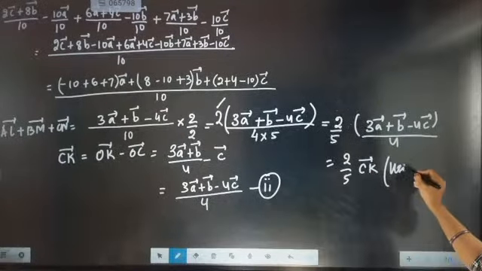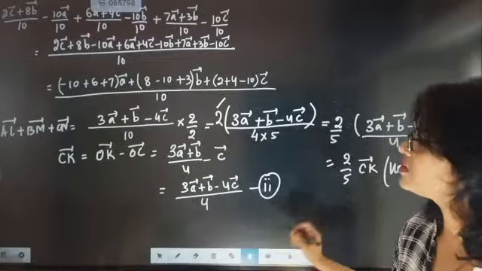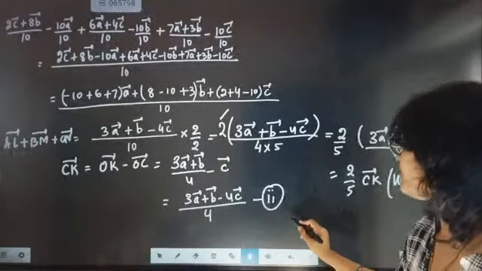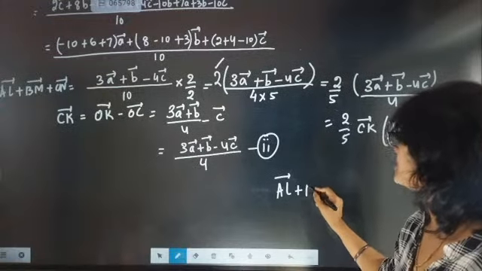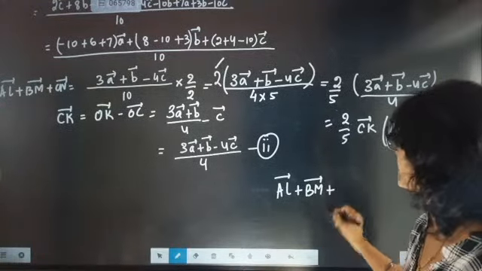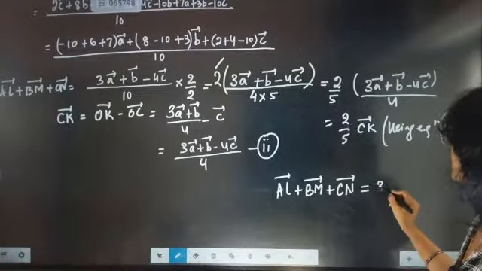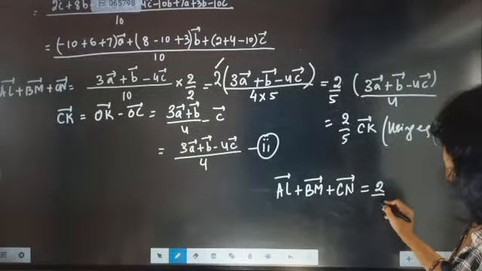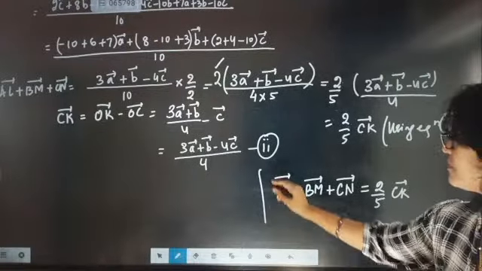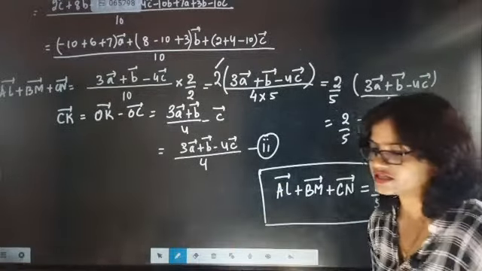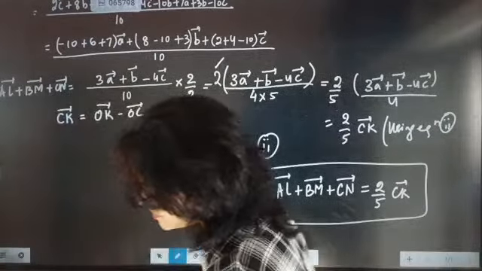Finally we got AL vector plus BM vector plus CN vector equal to 2 by 5 CK vector. Exactly, this is proved.